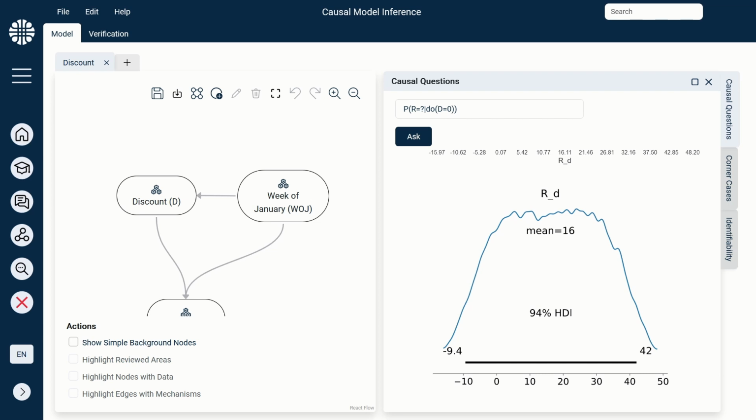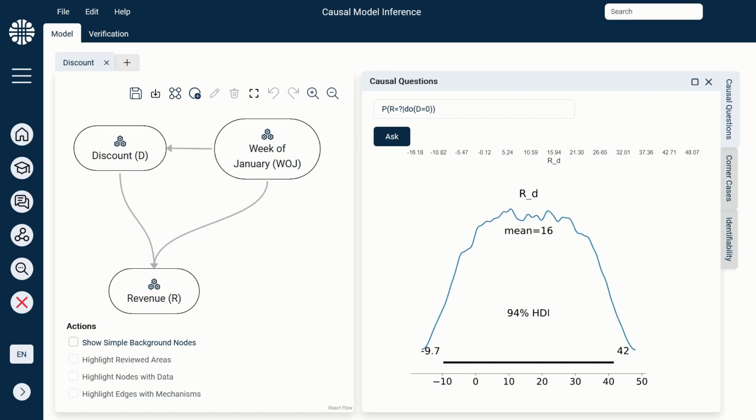The reason behind all this is, by the way, that people spend more at the beginning of the month when discounts are high than at the end of it. Furthermore, Whyond can calculate counterfactual queries, i.e., answer causal questions that are on the highest rung of Pearl's causal ladder. Assume that we had a revenue of 10 and gave a discount of 20. What would the probability distribution of revenue be if we had given no discount at all?